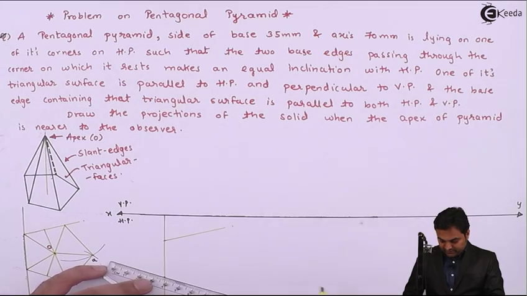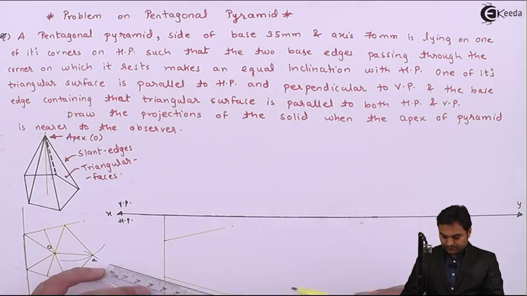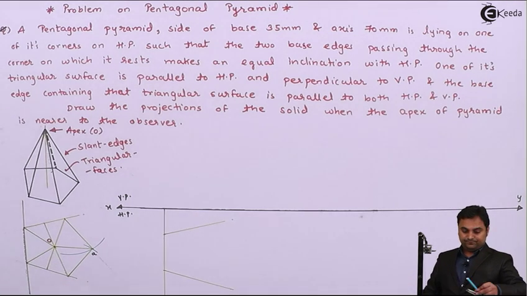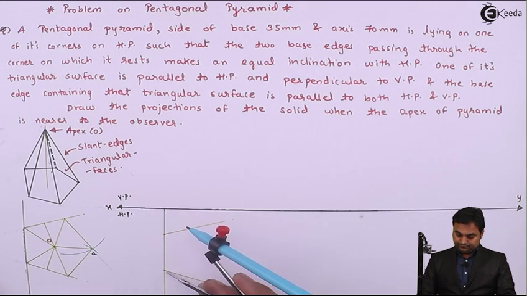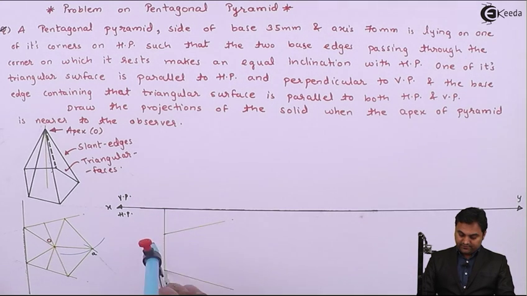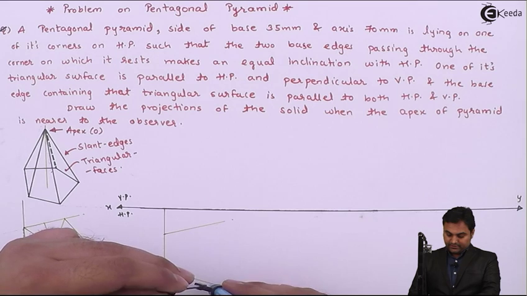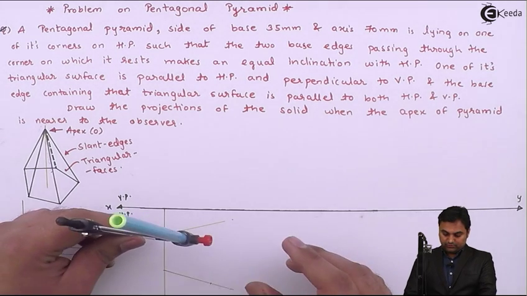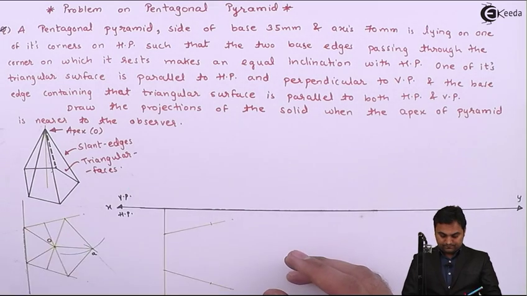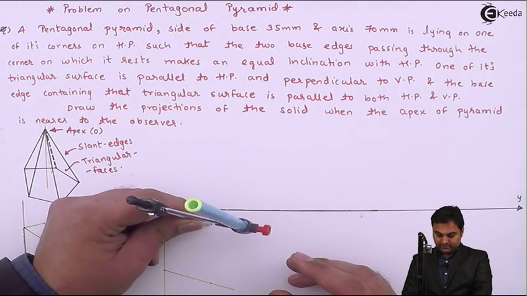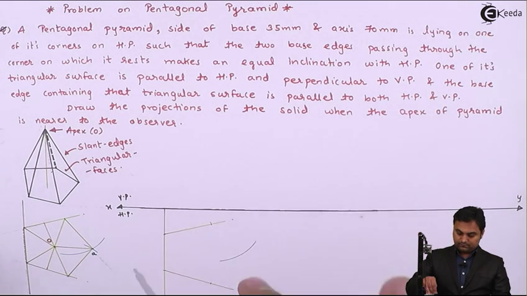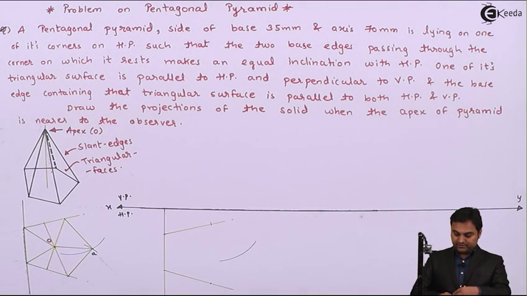Joining it with the help of a light line. Now here I'll draw this pentagon, keeping the same distance as 35 mm, marking it on one side, next onto the other side, drawing a light arc, cutting it from the other side.